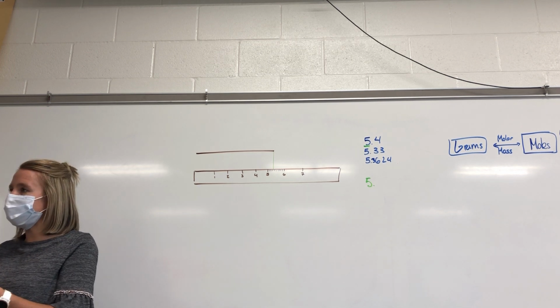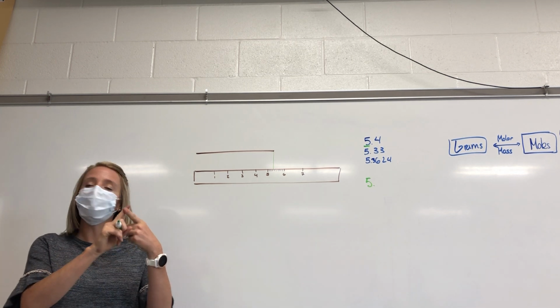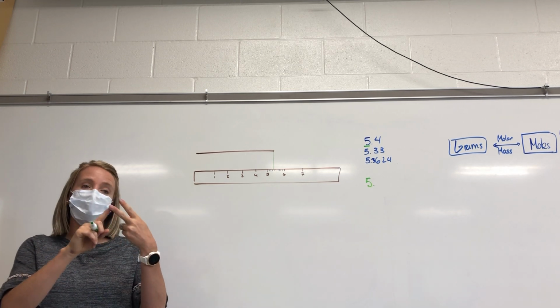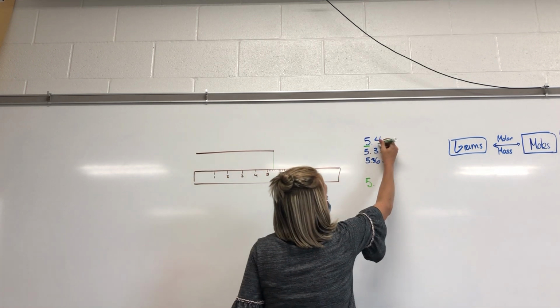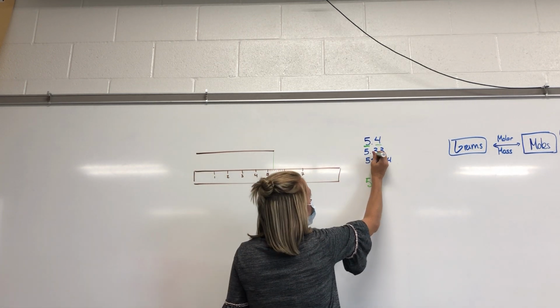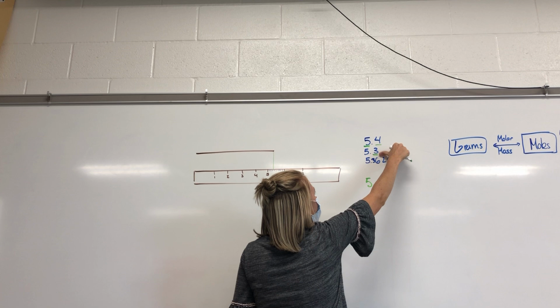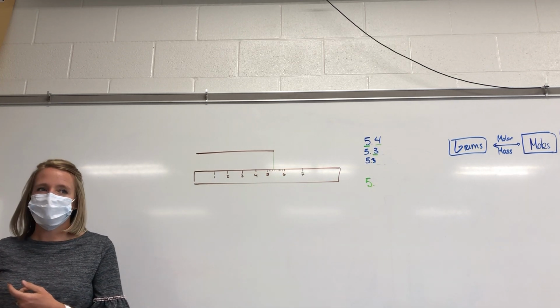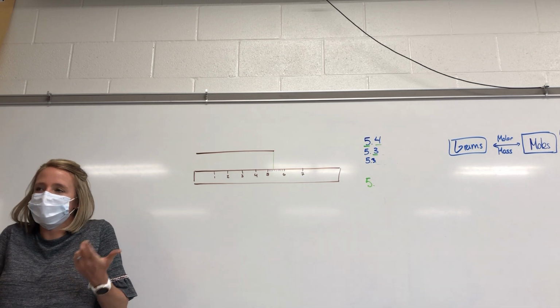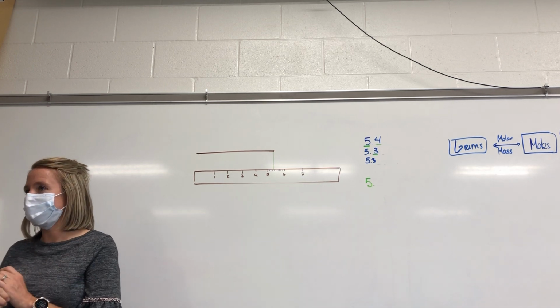All measurements you take get all known digits, plus you do get one logical estimate. So you could say 0.4, you could say 0.3, but we can't have anything more than that, because you don't know really if it is that.